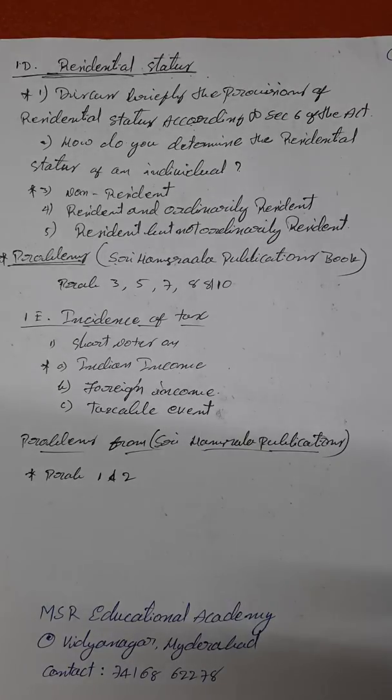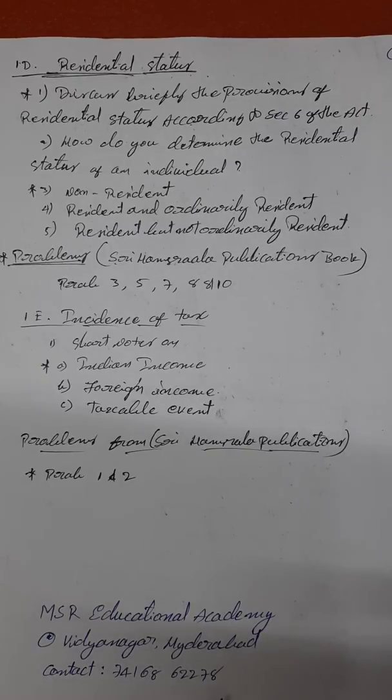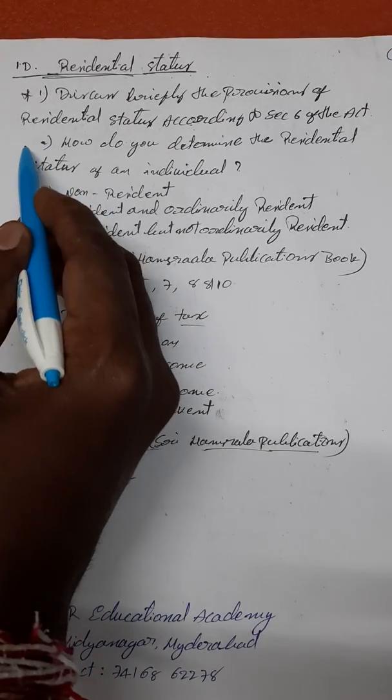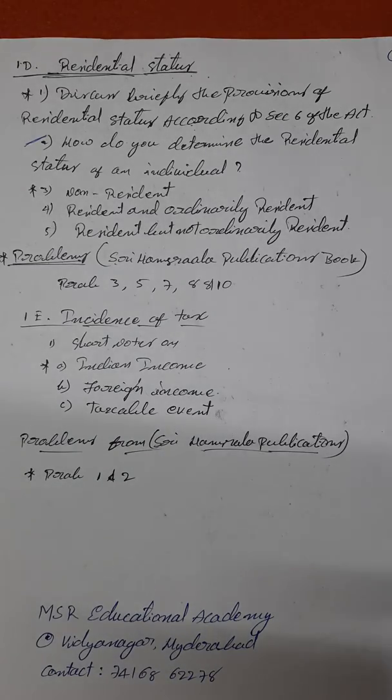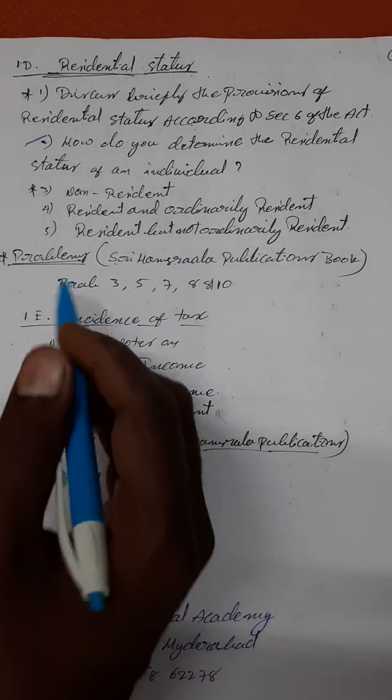We should write all those conditions, that is basic conditions and additional conditions, in this question, and explain how to determine the residential status, that is resident, non-resident, resident and ordinary resident, but not ordinary resident. Okay, how to determine, that is the rules. Conditions should be written in this question number 2.